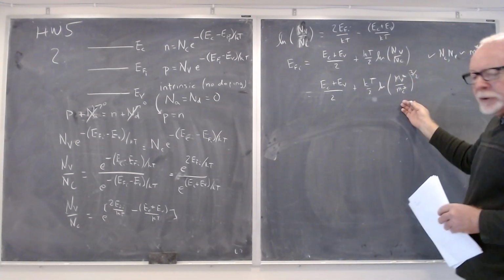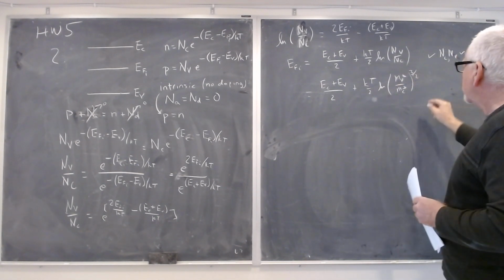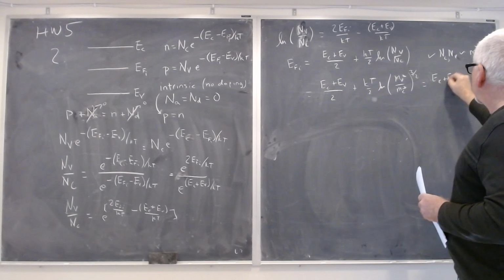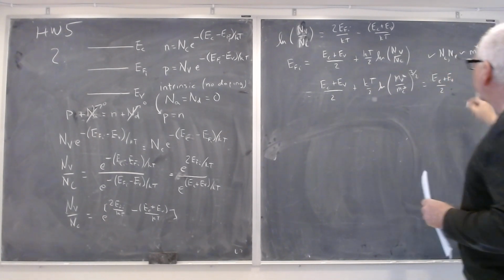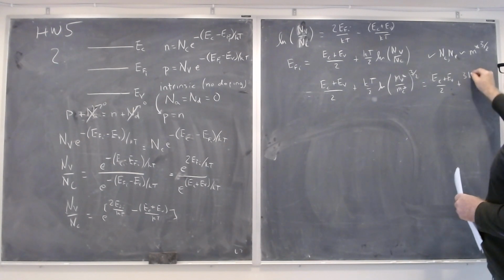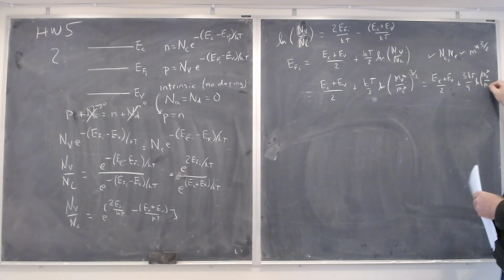But remember the rules of logarithm. Logarithm of a to the x comes over here. So that's EC plus EV over 2 plus 3/4 kT logarithm of mv star over mc star.